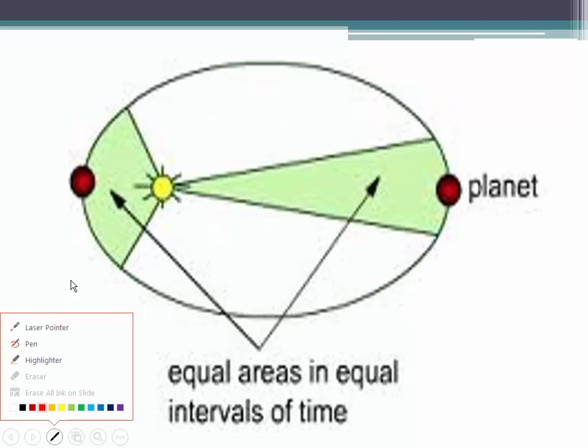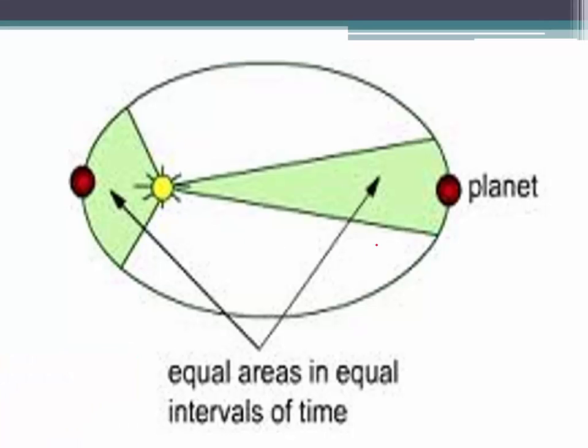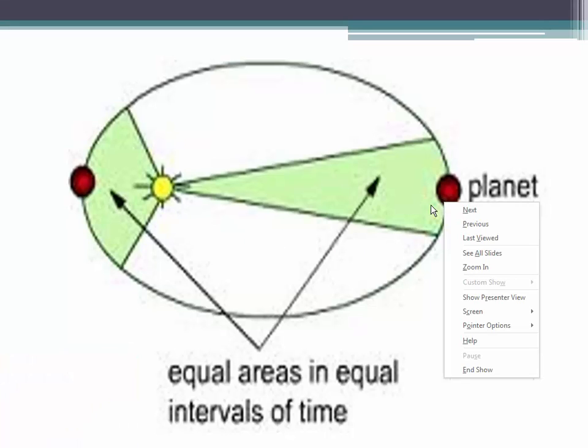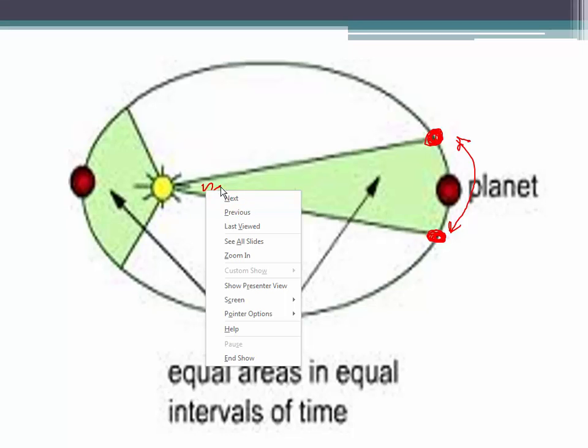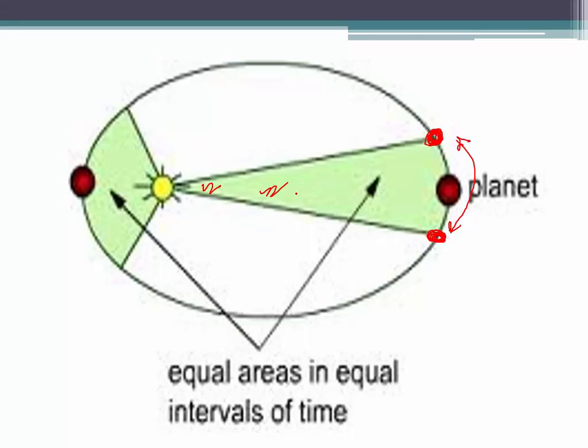So here's a little graphic to show you guys this. Essentially, if we look at this portion of the planet's movement here, let's say we're starting here and moving to here. As the planet moves along this arc length of its orbit, it's going to cover this amount of area in space, denoted by this light green triangle that I'm now coloring red.